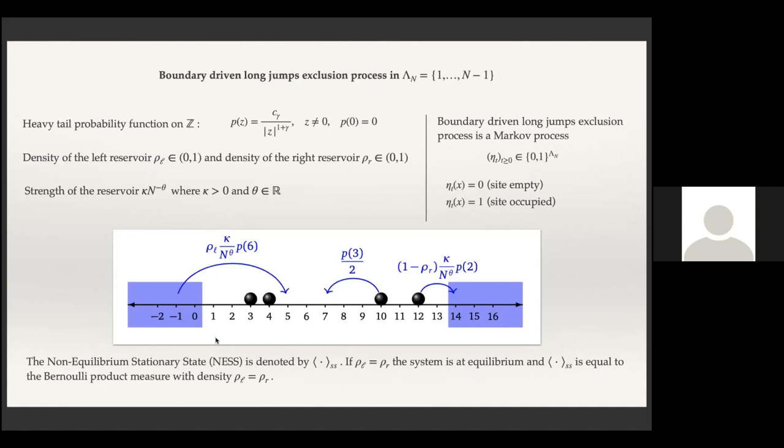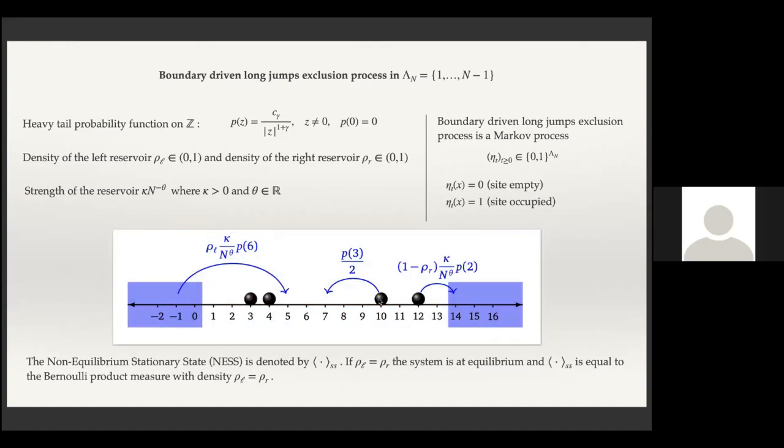So in the bulk, particles can't overtake? Can jump outside of the bulk, you mean? Yeah, if the jump is greater than, say, 5 or 6, can it cross the two particles on the left? Yes.